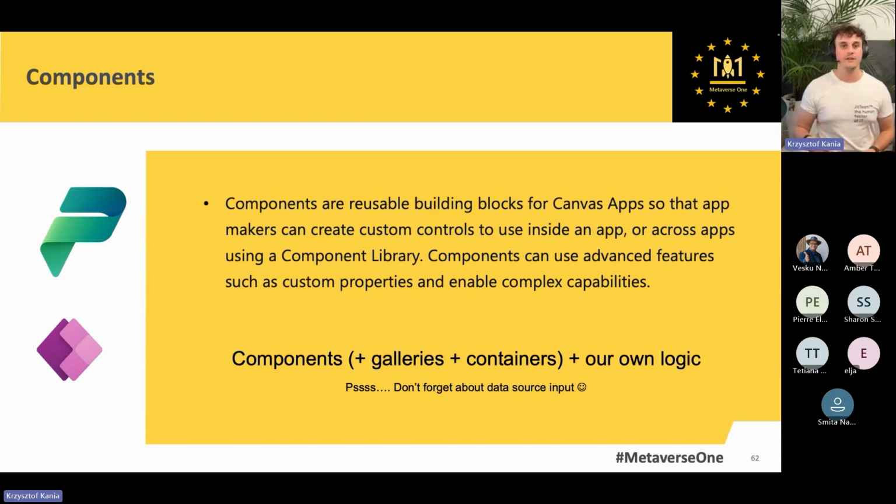We can create something that is called component library. So we can create those reusable blocks that will be available for plenty of different applications. Okay, so we can create our own reusable blocks, and those blocks can be UI blocks. So we can create a label like header, like footer, okay, and reuse it. Create once, reuse plenty of times.